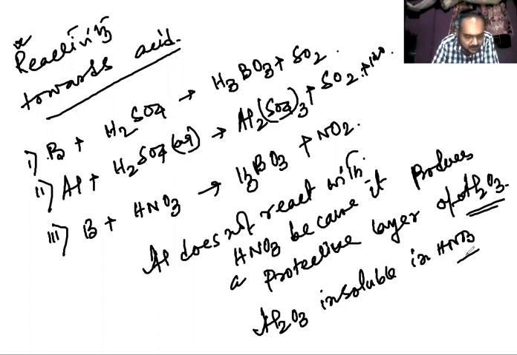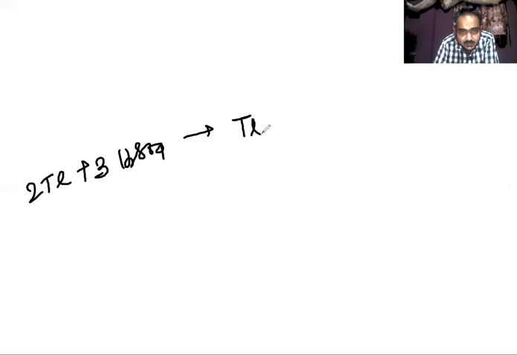Thallium also reacts with H2SO4, but the reaction is different. You can see here, thallium plus H2SO4 will produce thallium sulfate, and hydrogen will be released.